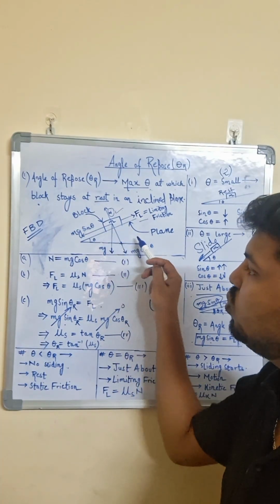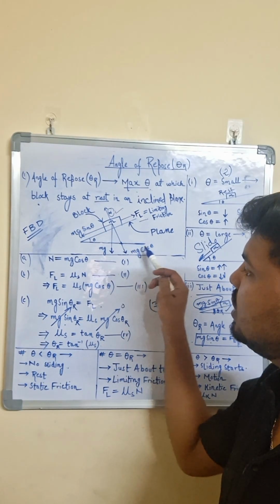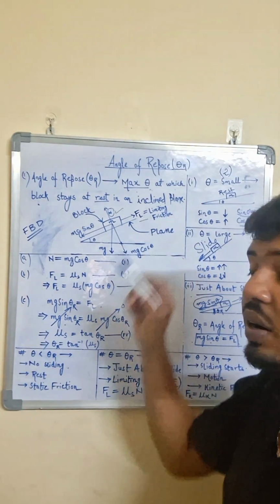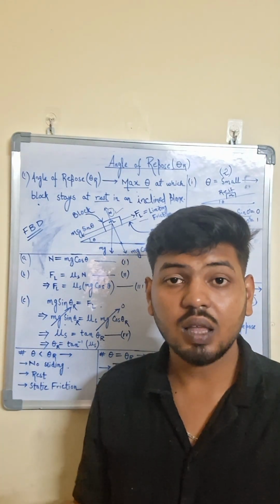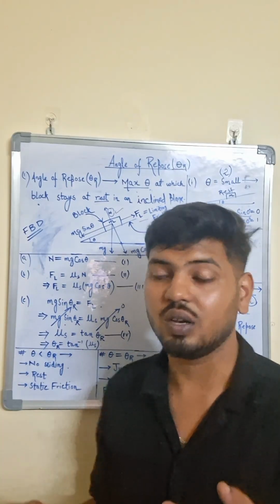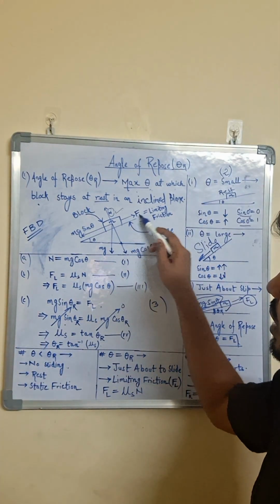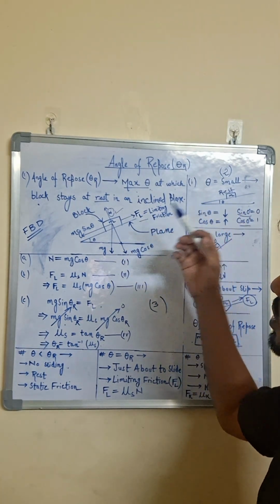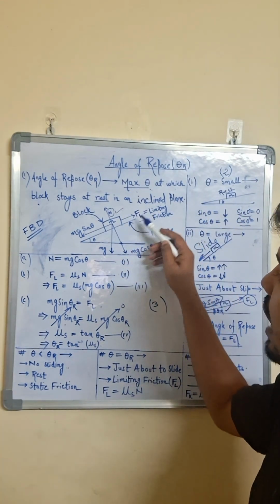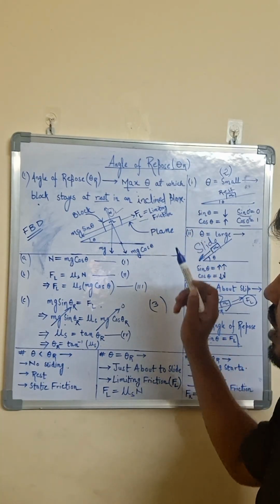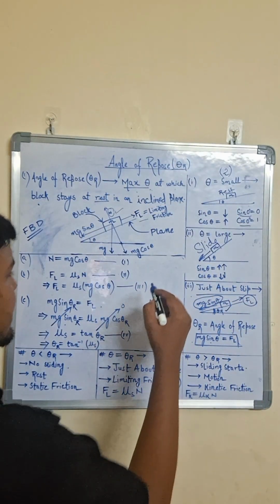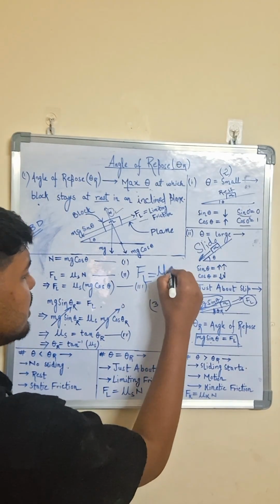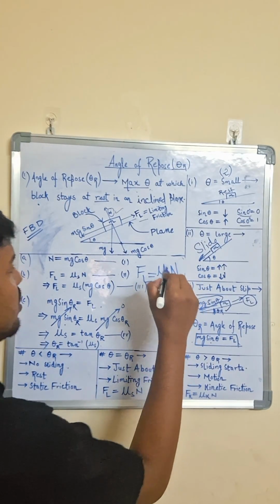I have drawn the two components of mg: mg cos theta and mg sin theta. Now what will resist the block from sliding? The friction, the limiting friction. I have drawn the limiting friction backwards, opposite to the block's motion, resisting the block from sliding, and it is denoted as FL. Now FL is expressed as mu s N.